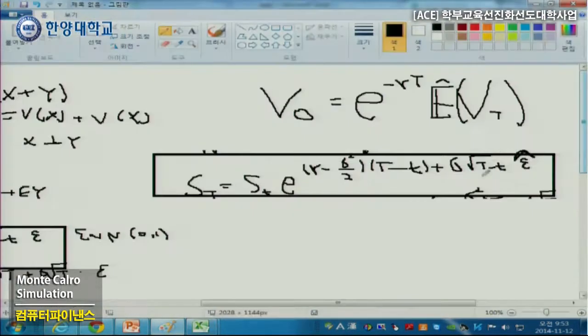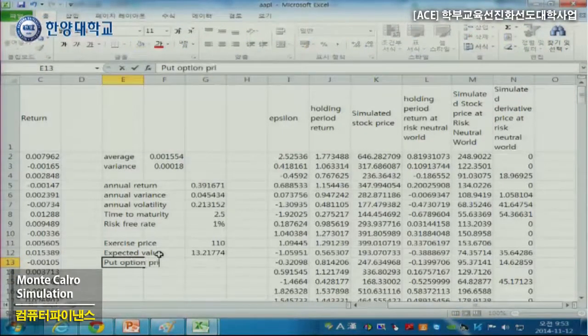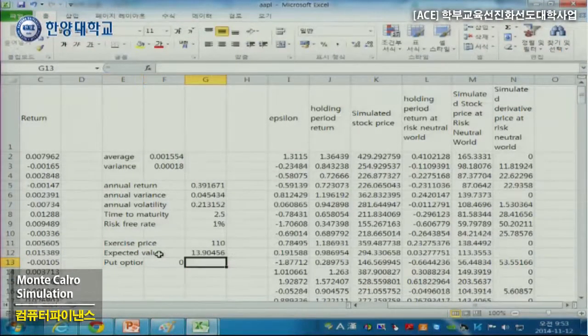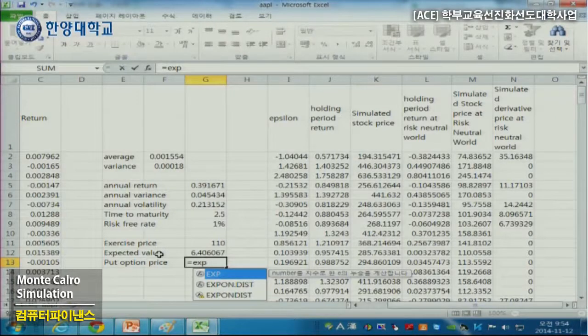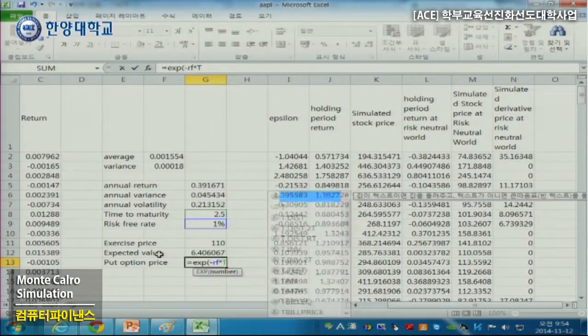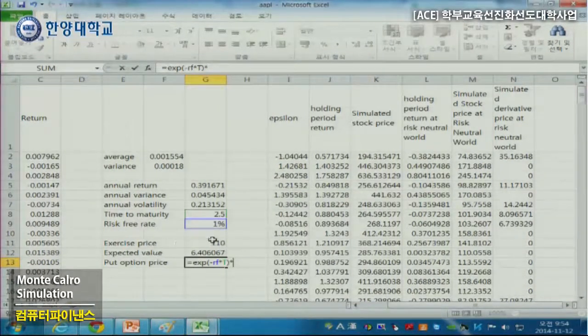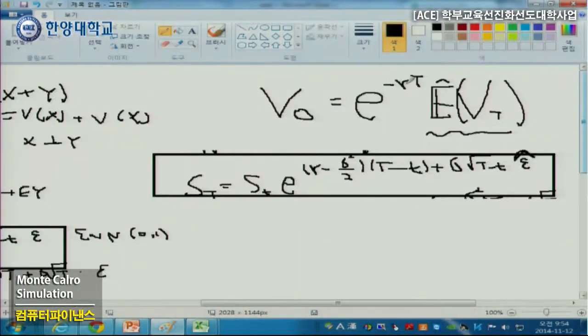So the expected value is this part, we computed this part, and all we have to do is discount it. So the put option price is, we have to discount it back, e to the minus RF, the risk-free rate, multiplied by T, and then the expected value. Then we have a put option price, right?